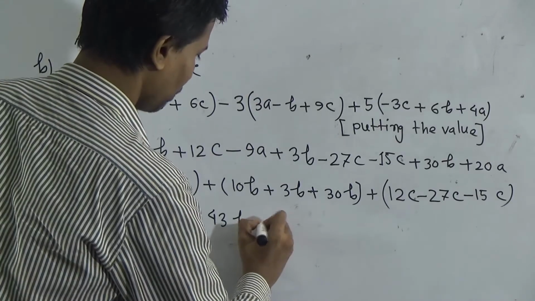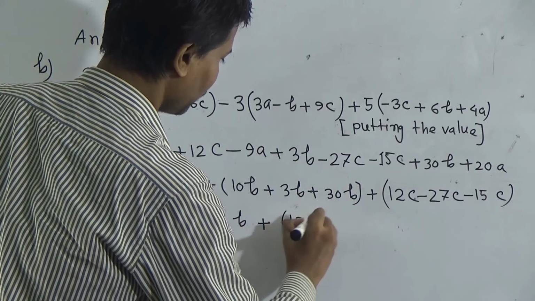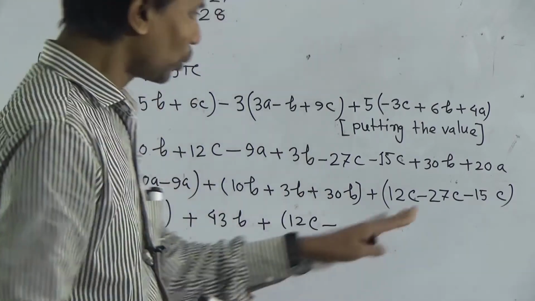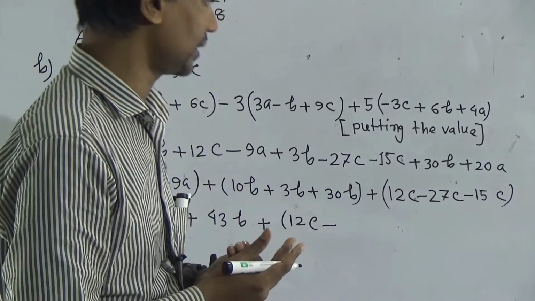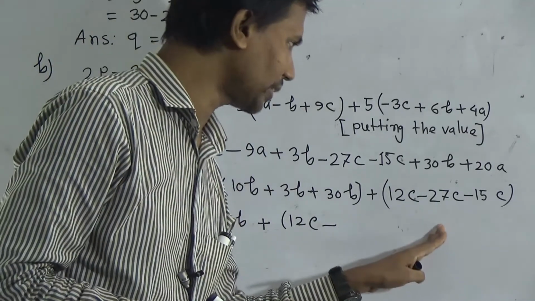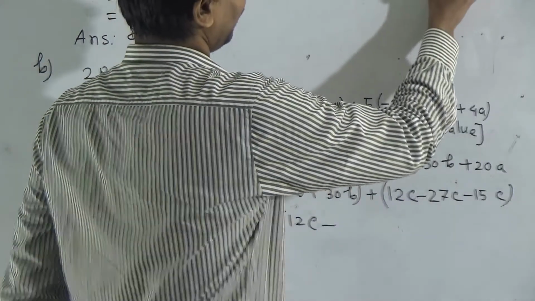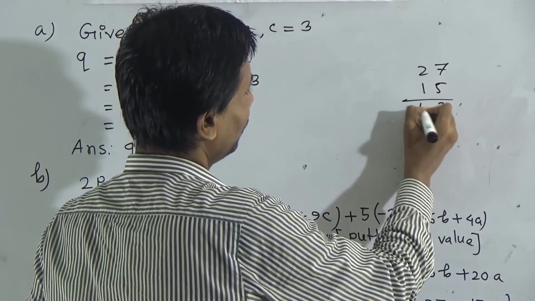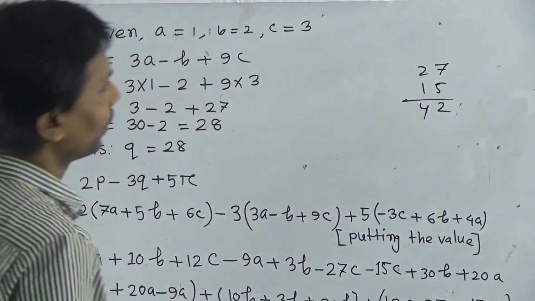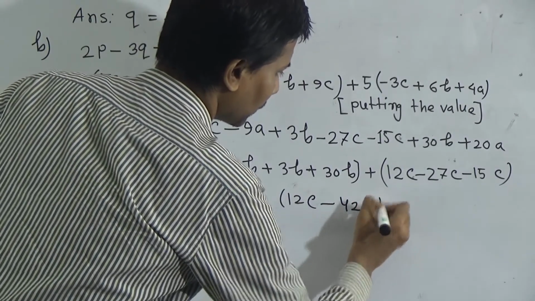Now give a plus sign, 12C, minus 27C minus 15C. This is equal to what? You add 27 plus 15, it is equal to 42, right here 42C.